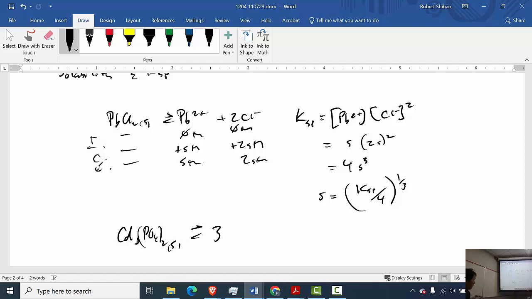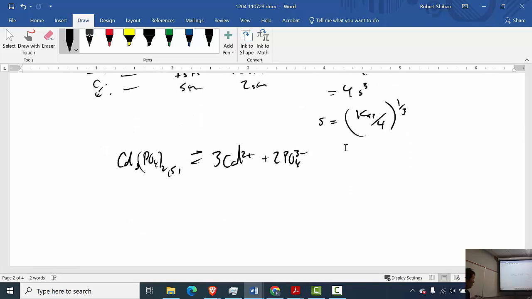This is going to give us 3 cadmiums plus 2 phosphates. You could skip the ice table if you want as well, but I normally do it because it's in the habit of doing. Let's see. Here, we're going to have plus 3s molar.